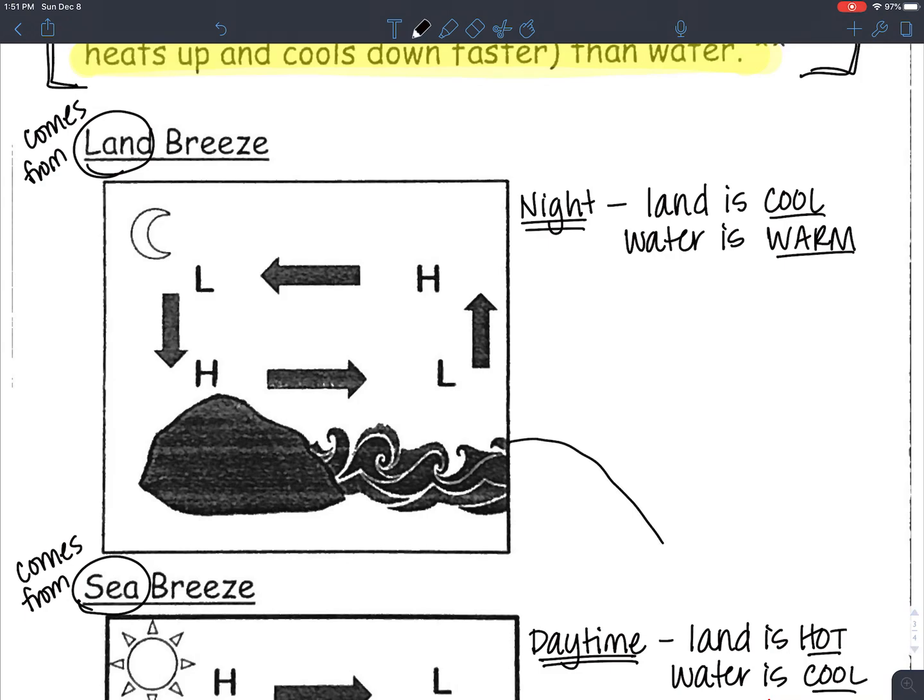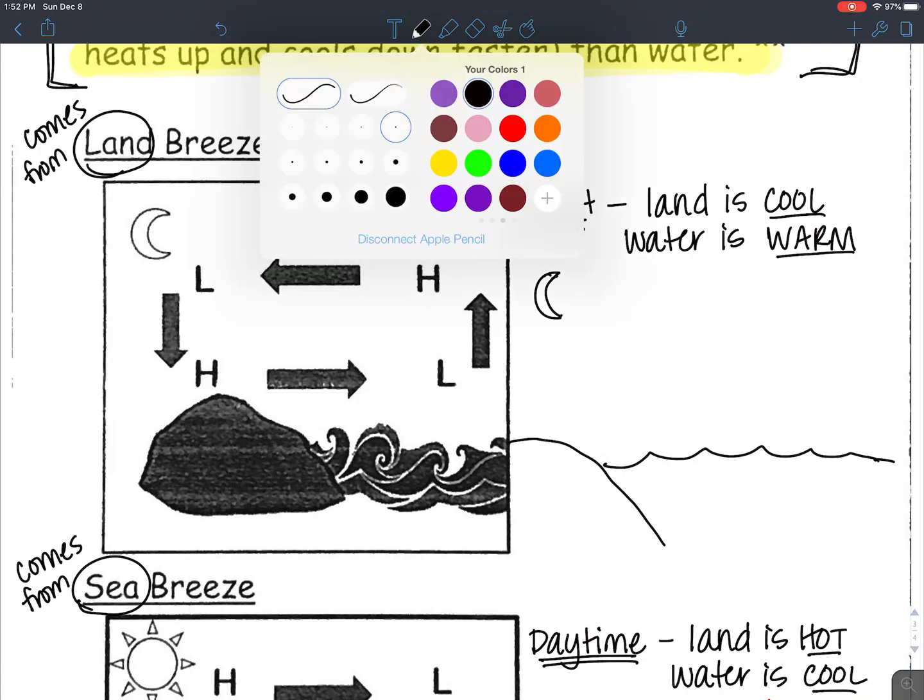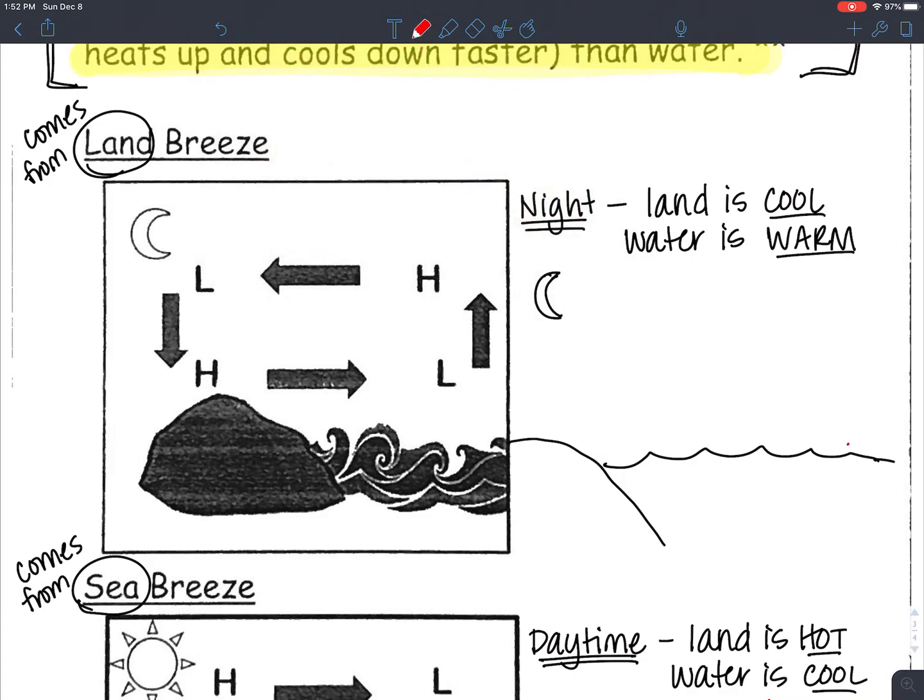So I'm going to draw my little simple picture here. Here's the land. Here's the water. Remember that this is nighttime. And at nighttime, the water is going to be hotter. So we're going to see that heat starting to rise from the water. The heat from the water is going to heat up the air above the water. So this is our low pressure, which is our warm air.